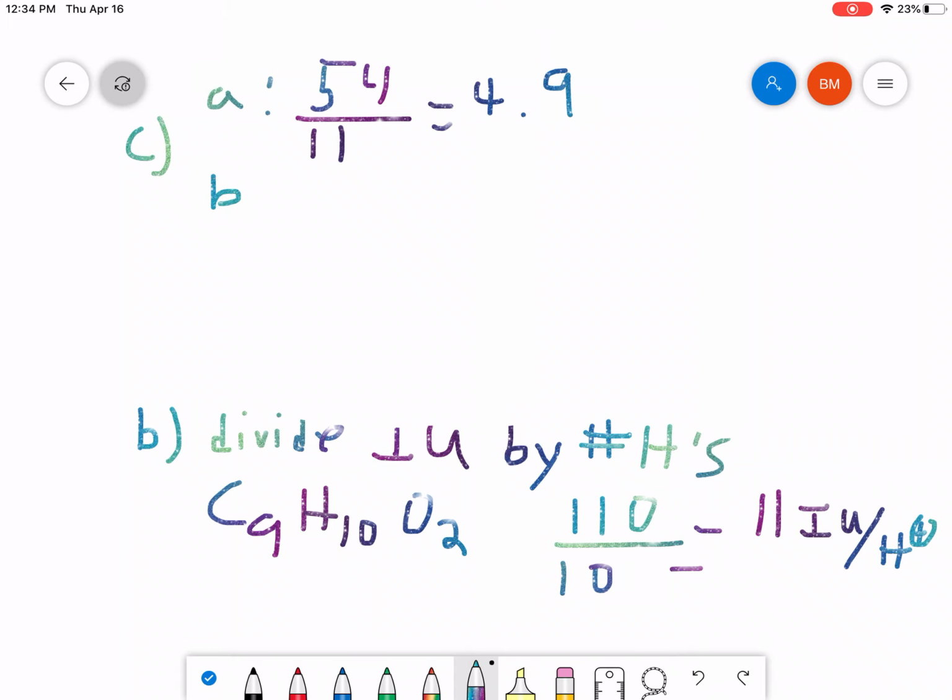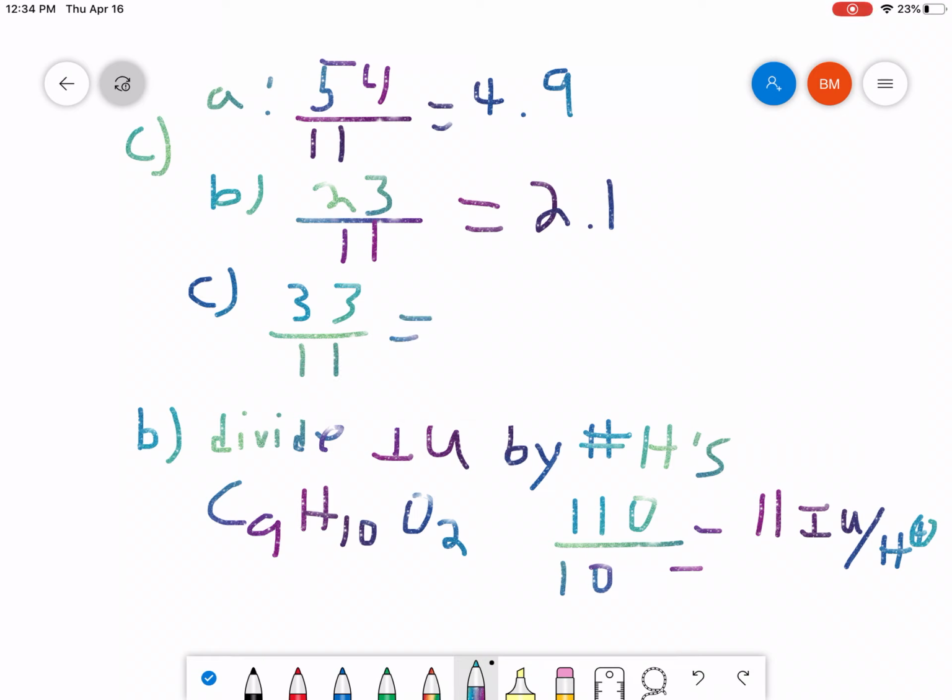For B, we had 23 units. We're dividing it by 11. That gives us 2.1. For signal C, we had 33 divided by 11 gives us 3.